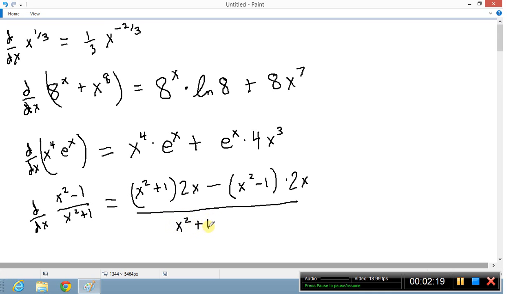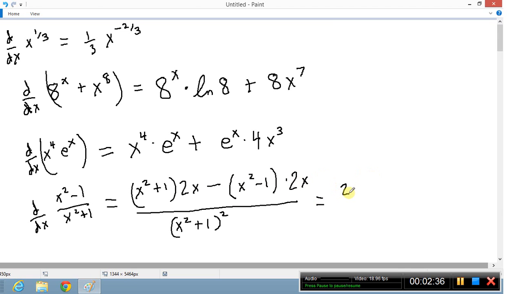Now here, as I've said many times, when you use the quotient rule, at least 9 times out of 10, this is going to simplify, and you can see stuff happening. You can either factor the 2x or multiply it all out. If you don't want to take your chances with factoring, then go ahead and multiply.